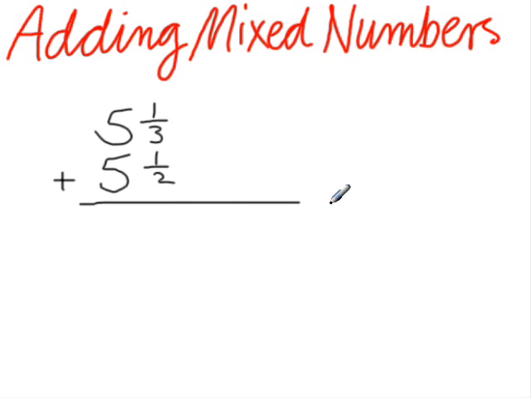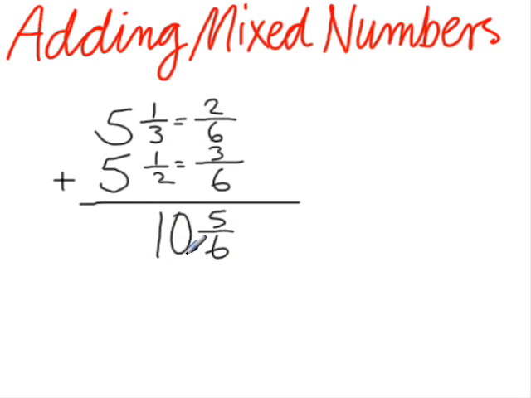The common denominator is 6. 1/3 is 2/6. 1/2 is 3/6. 2 plus 3, 5/6. 5 plus 5 is 10. Can this be simplified? No, I mean, it's already in its simplest form. It cannot be simplified. And so there is our final answer.